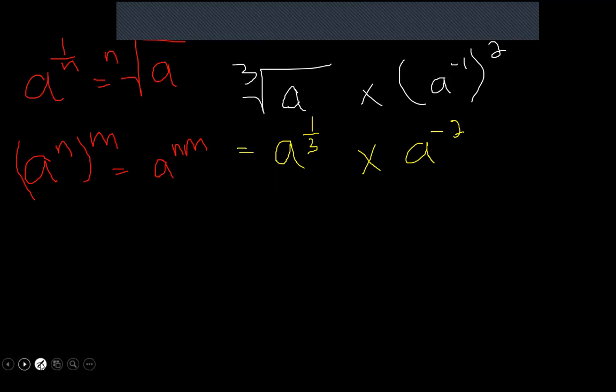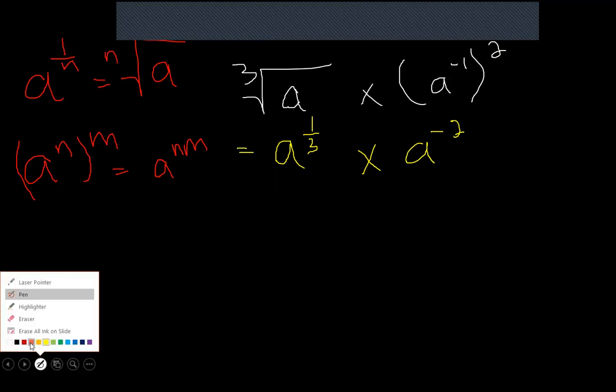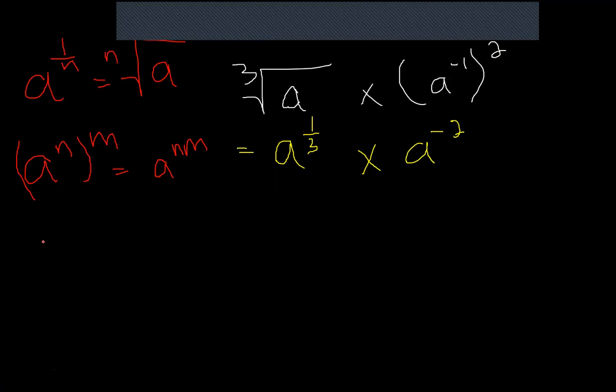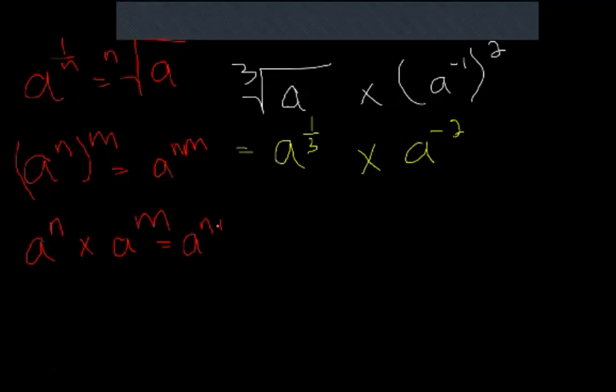But I don't stop there because I know I could simplify further. I know another rule that says when the bases are the same and I'm multiplying them, what I do is add their powers. So how does this apply to my question?